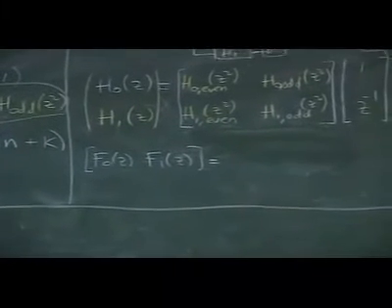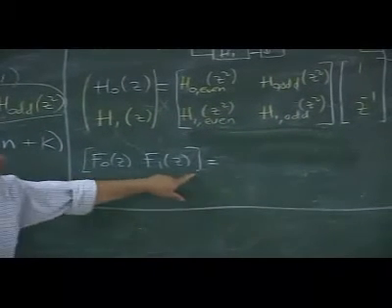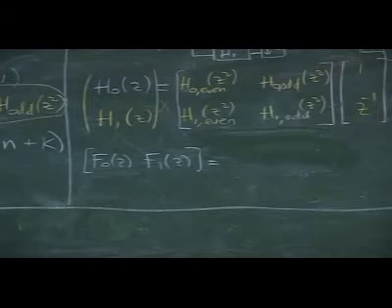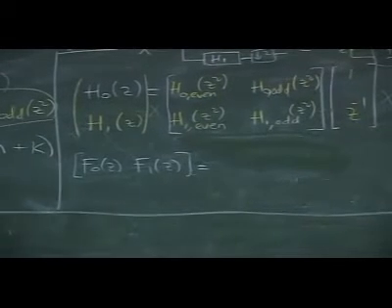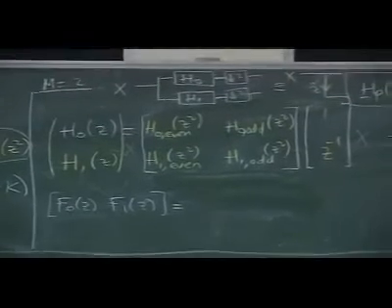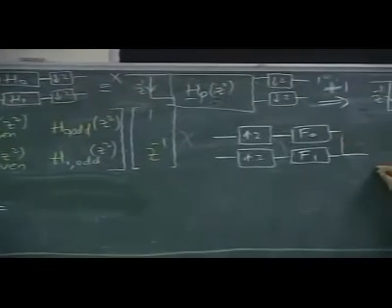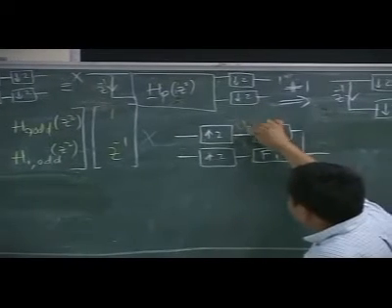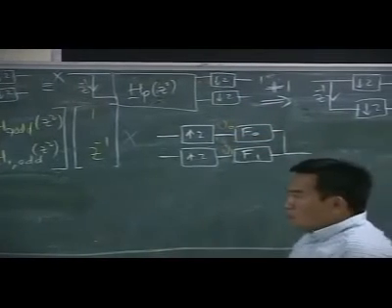Now, why do I have this as a row vector and this is a column vector? Because this operation here is parallel to serial, right? So if I imagine that this is U0, U1, okay?